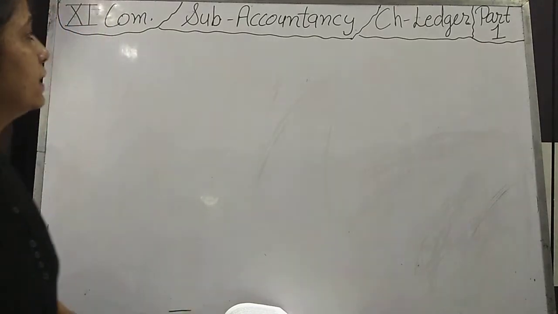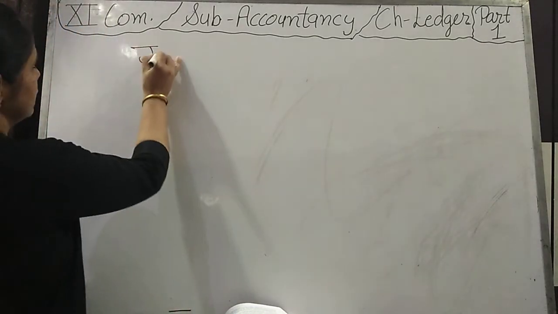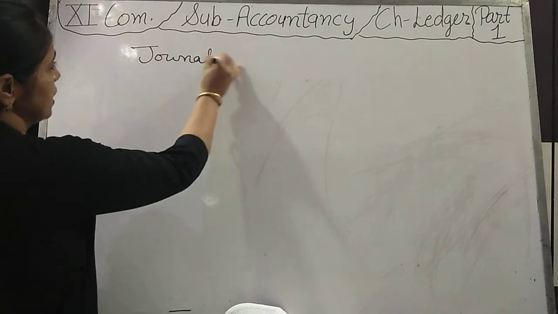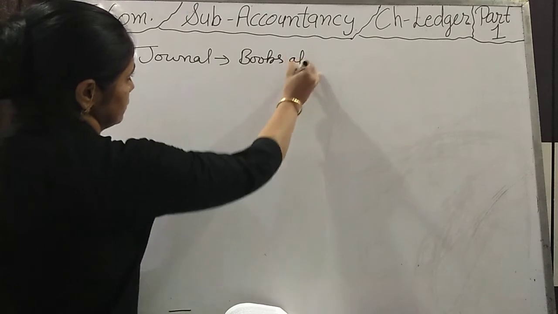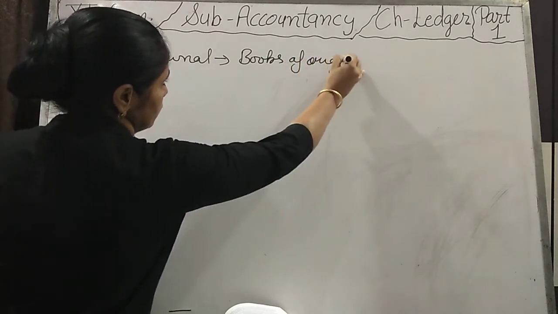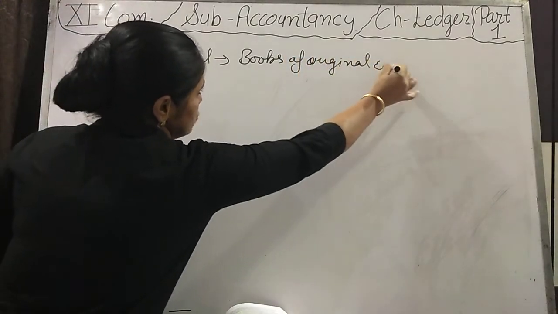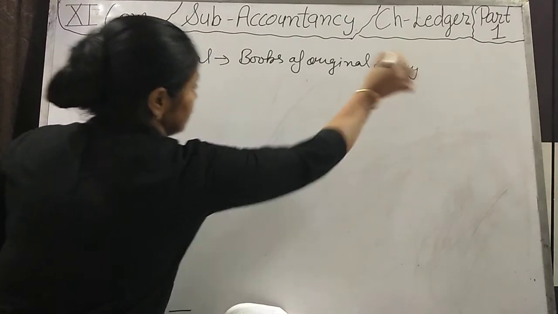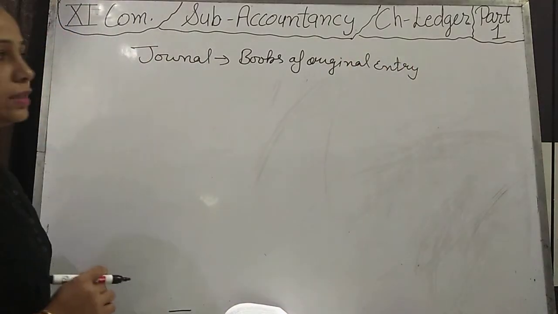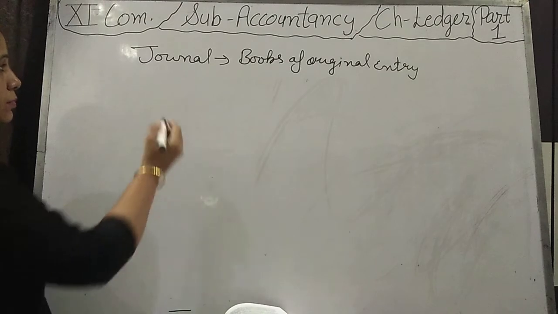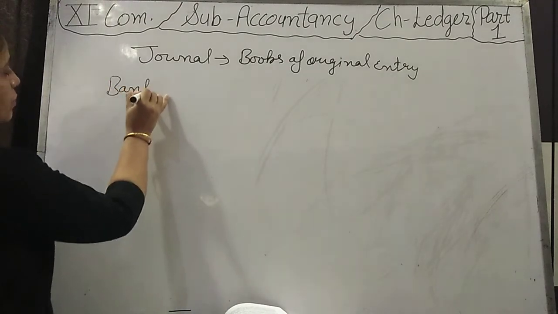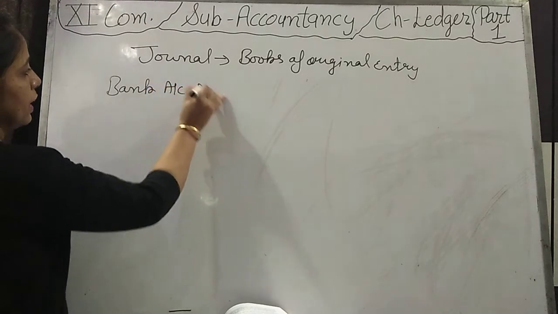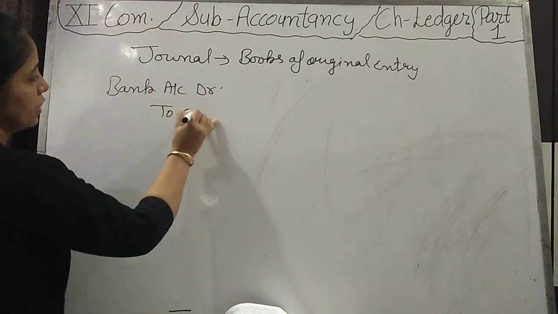Okay? In journal, जैसे हम journal में, books of journal is known as books of original entry. In journal, we will pass the transaction the first time. Like if we are starting the business, then we will pass the journal entry bank account debit to capital account.